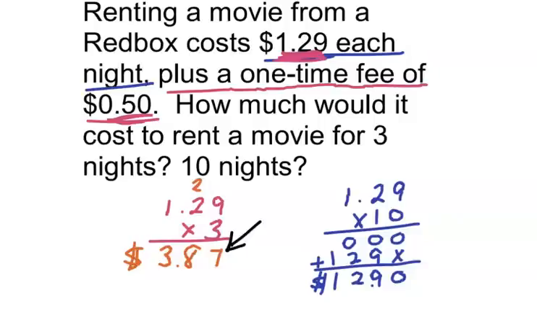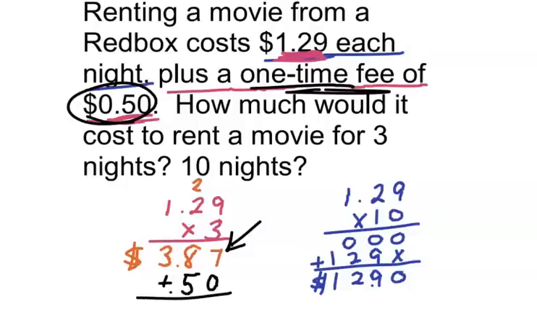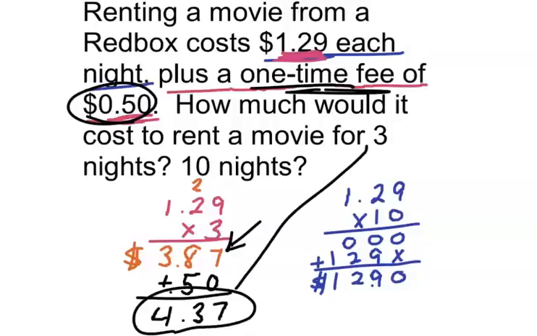You're going to have to take $3.87 and add the one-time fee of 50 cents. So $3.87 plus 50 cents is equal to $4.37. So that's one of the answers. For 3 nights, it's going to cost this.